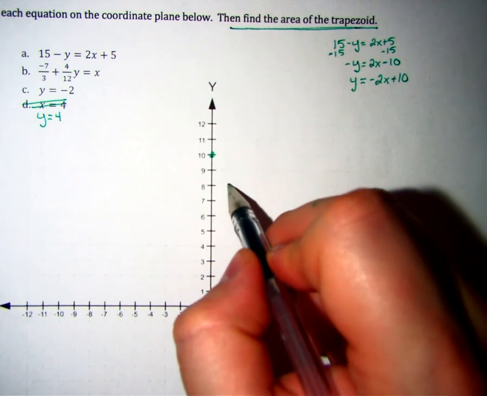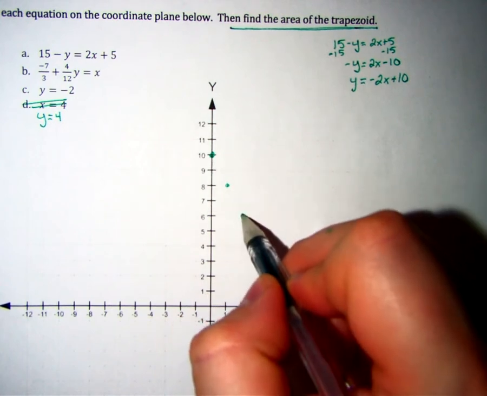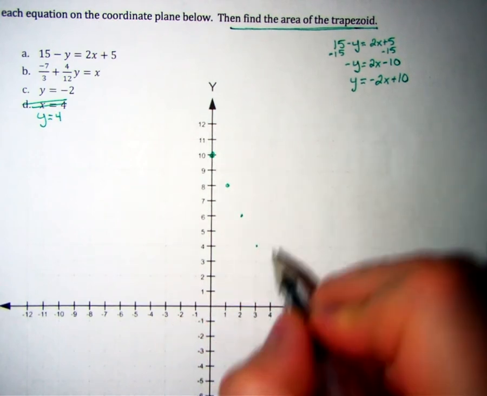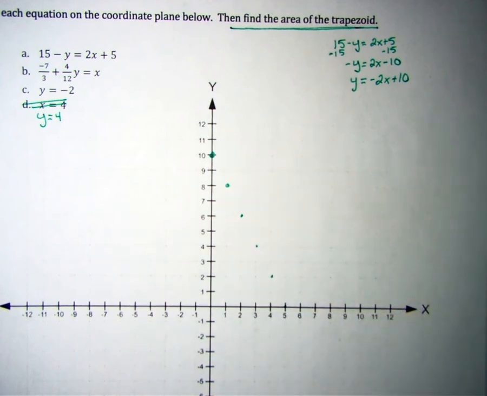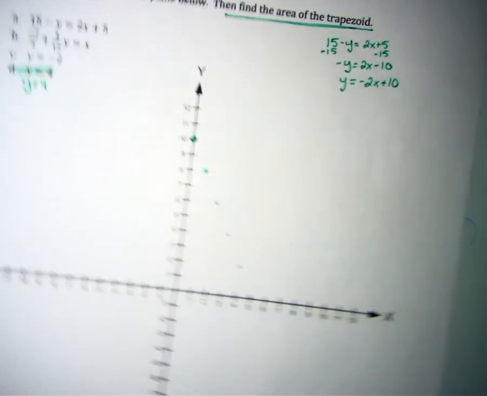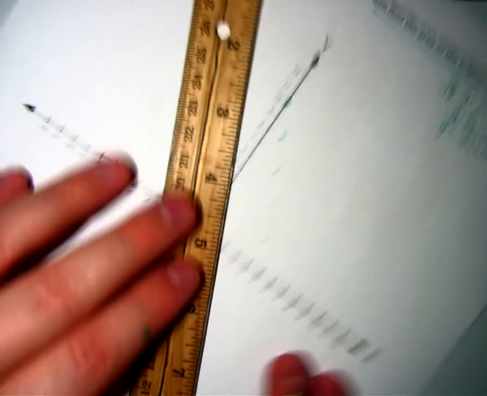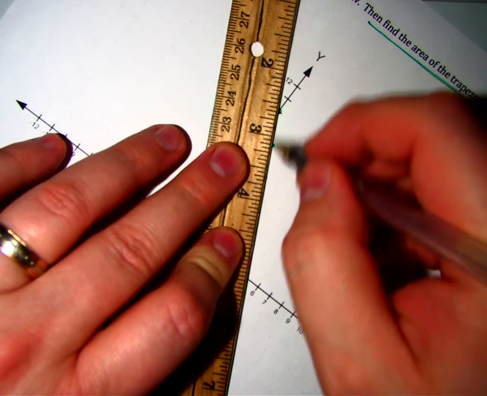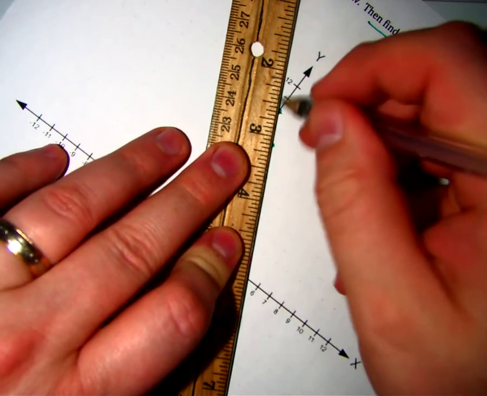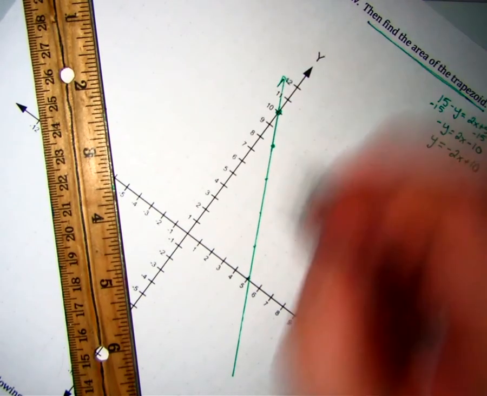It goes down 2 over 1, down 2 over 1, and so on. Now you certainly don't need this many dots, especially if you're going to use a ruler. But the advantage to giving yourself lots of dots is it gives you a path by which to line your ruler up on.